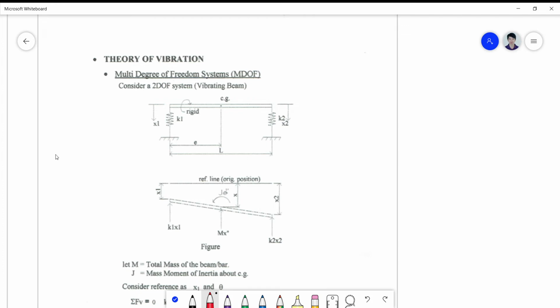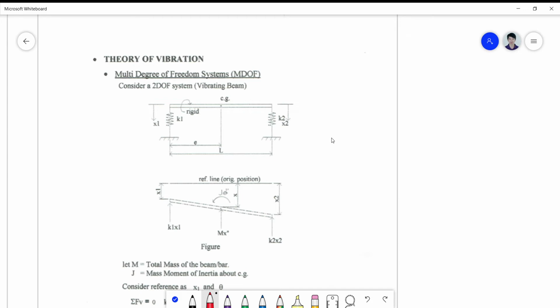So let's move over to theory of vibration considering the MDOF system, or the multi-degree of freedom system. At first, the example here may appear to be a single degree of freedom system, since it's only composed of a rigid bar attached to spring support at the ends.